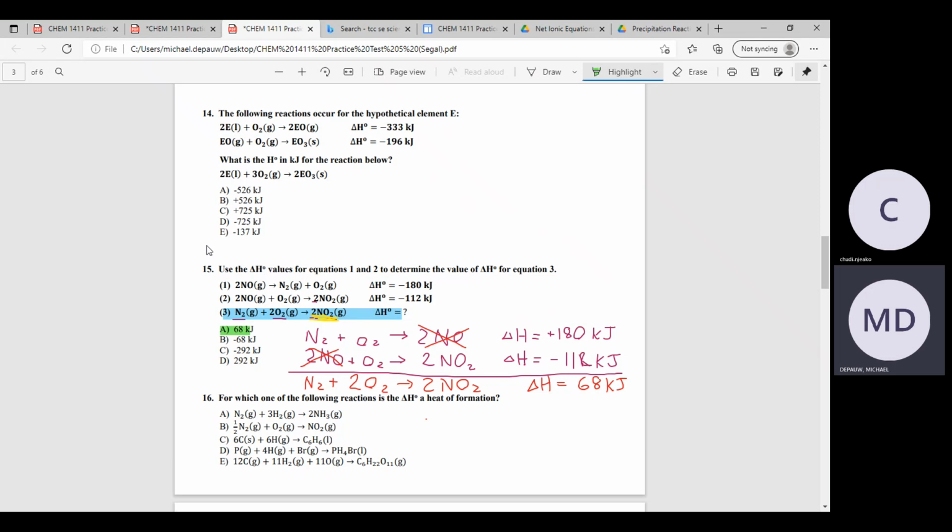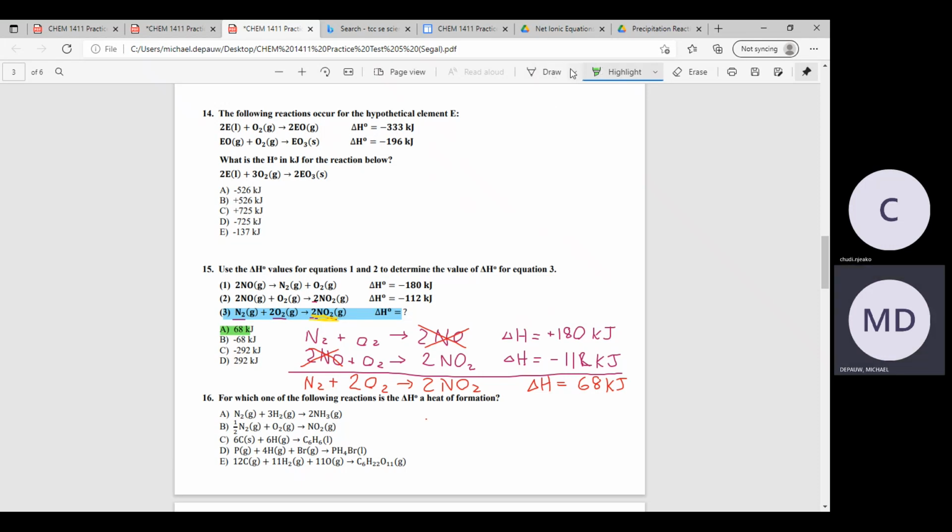How can you change these individual equations with your known delta H's to give you the overall equation for the reaction? Just as a quick example, for number 14, and I won't take too much time with this, I have 2E and O2 goes to form 2EO. That's a negative 3033 kilojoules, right? And then it has EO plus O2. It gives you EO3, and that's a delta H of negative 196.